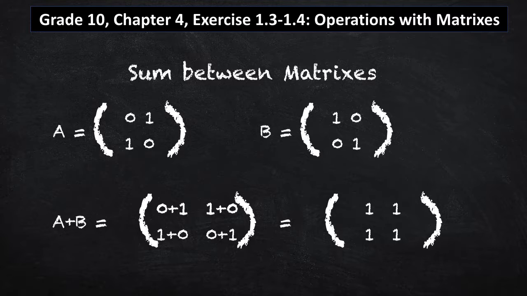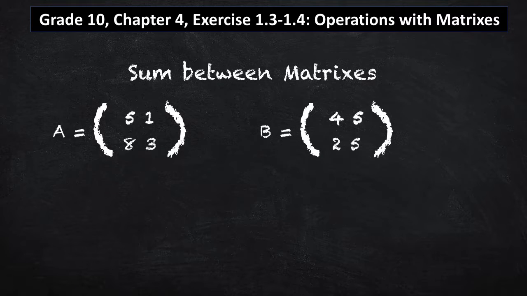Let's see another example. We have these two matrices, A, which is 5, 1, 8, 3, and B, which is 4, 5, 2, 5. And we want to compute the matrix A plus B. So, in the element 1, 1 of the matrix A plus B, there will be the sum between the element 1, 1 of the matrix A and the element 1, 1 of the matrix B. So, 5 plus 4.